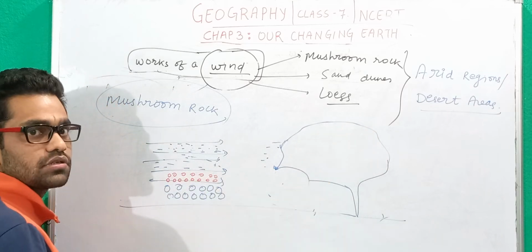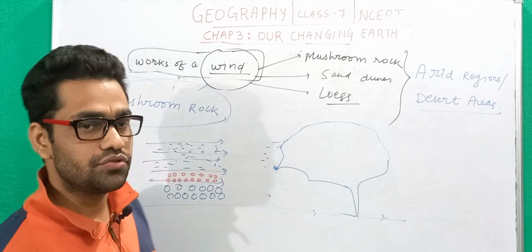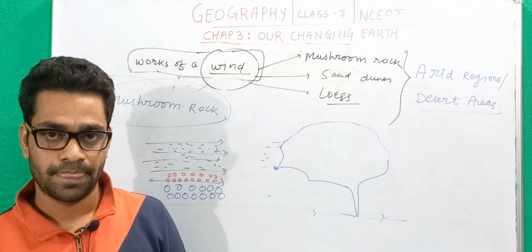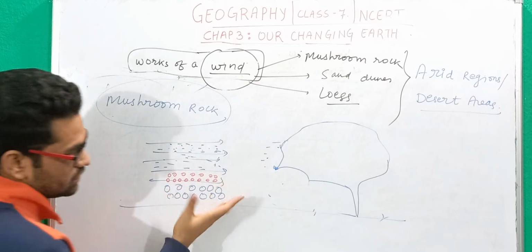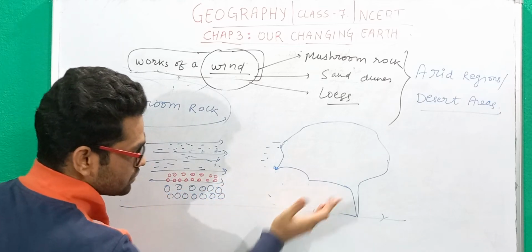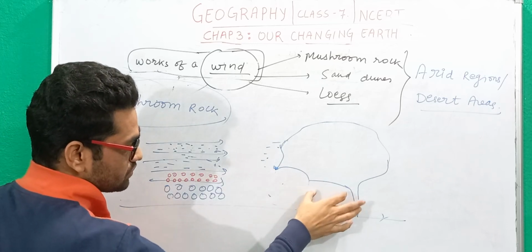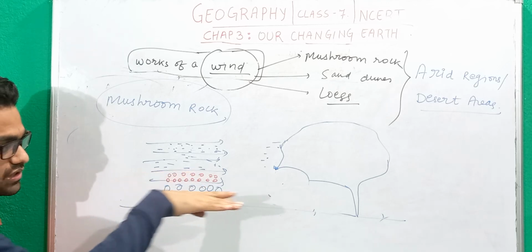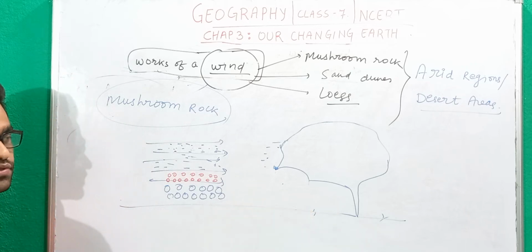This type of rock is called the mushroom rock, and you will find such rocks only in desert areas or arid areas, where these heavier particles cause a large amount of erosion, a large amount of friction on the rock structure lying just above the earth's surface. So this is all about mushroom rock.